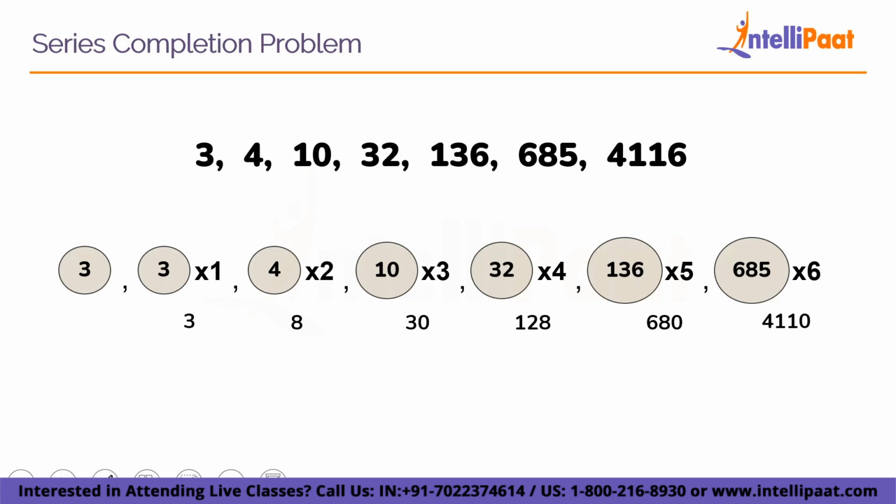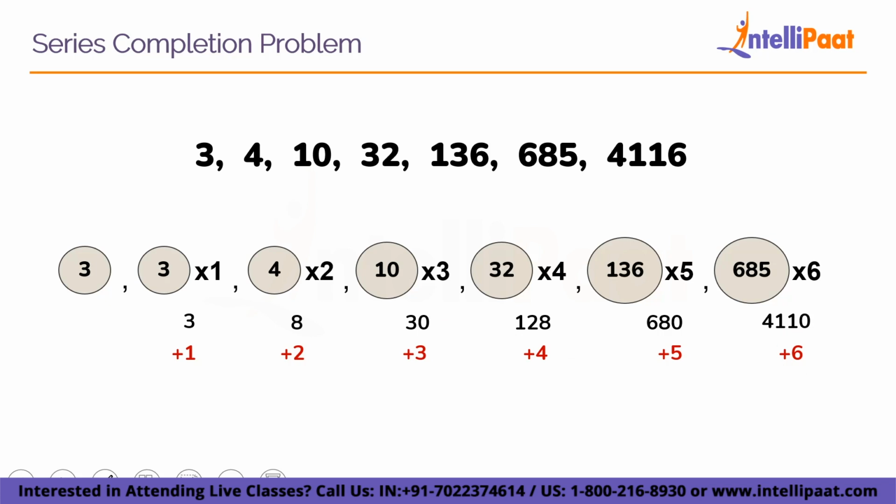So what we are going to do now is, where we have multiplied 1, there we add plus 1. Where we have multiplied 2, there we add plus 2. Where we have multiplied 3, we add 3. Where we have multiplied 4, we add 4, and in the same manner we do in this series: plus 1 here, plus 2 here, plus 3 here, plus 4 here, plus 5, plus 6.